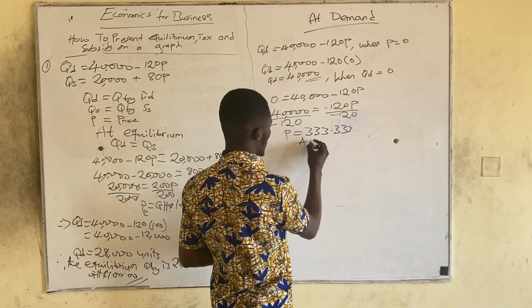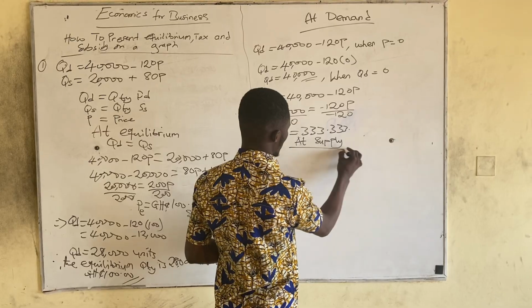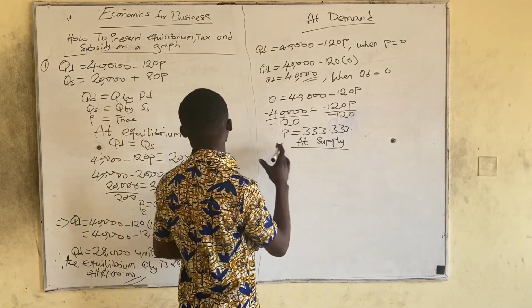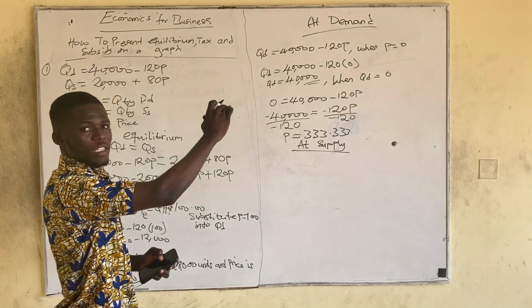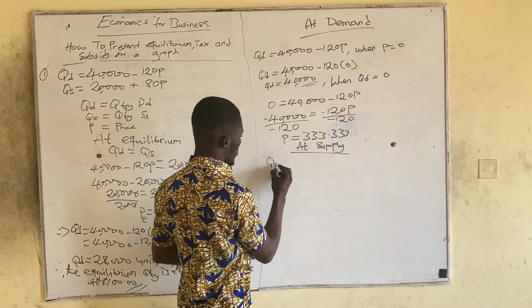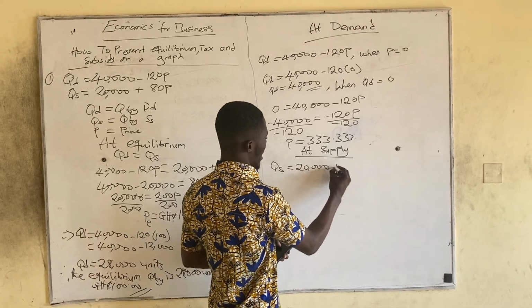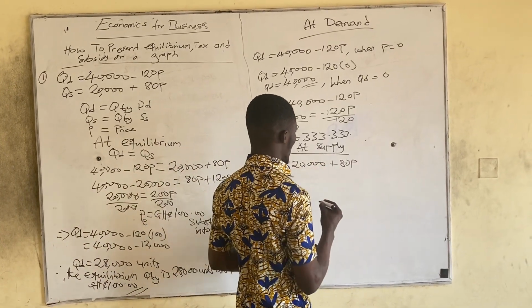Now at supply, you also state your equation. Our supply equation was QS equals 20,000 plus 80p, like this.